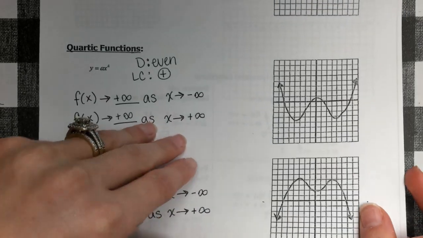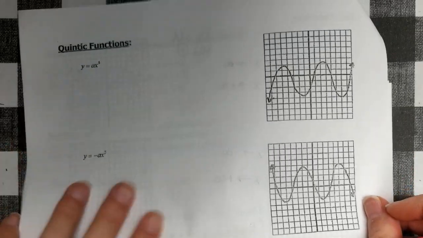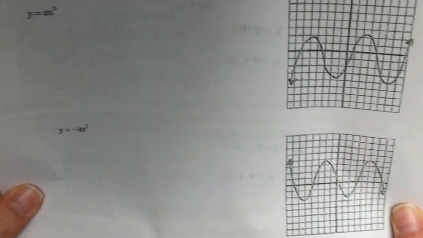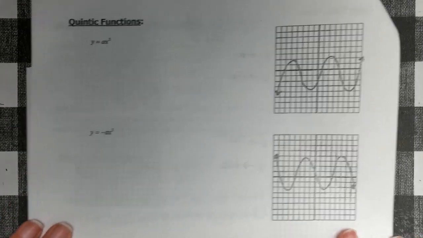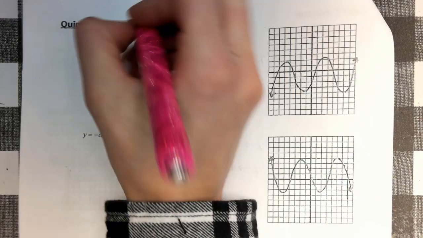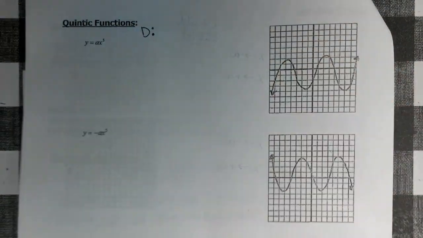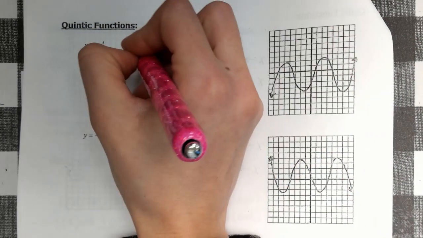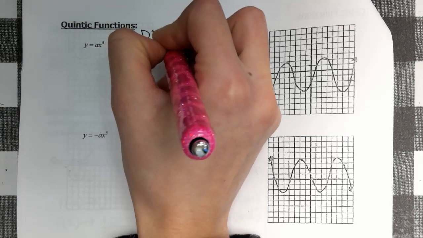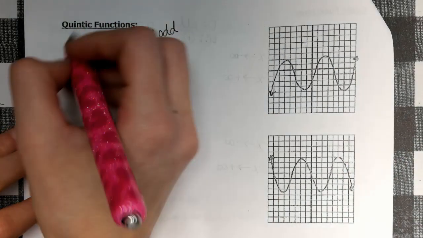Okay? Now, when you flip it over, I want you folding your notes because I don't want you seeing that bottom half yet. Okay? So fold it like that. We're only looking at the quintic function. My degree for quintic is to the 5th power, so that is odd. My leading coefficient, positive. Okay?